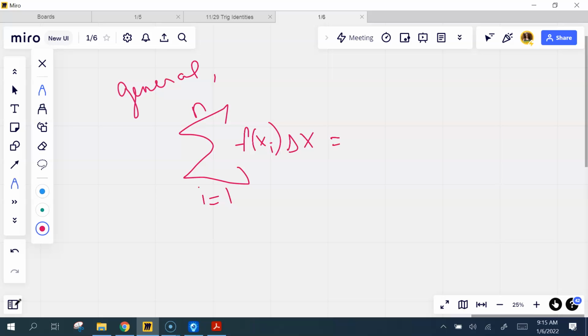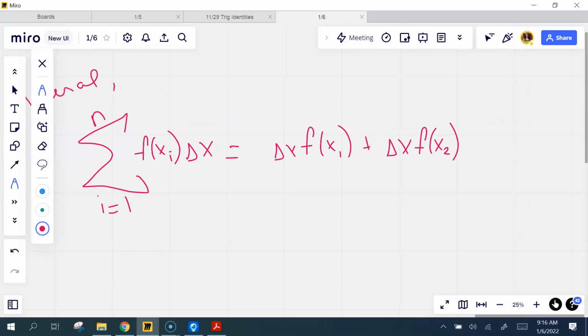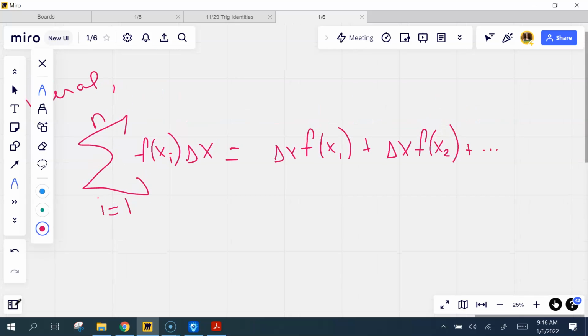This literally says do delta x times, or if you want to do it together, we can do it together. Delta x times f of x sub 1 plus delta x times f of x sub 2. I keep doing that until I get to x sub n.